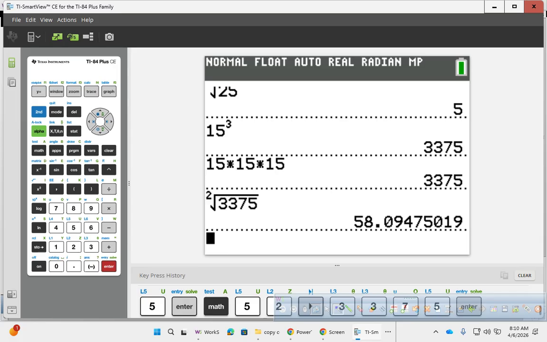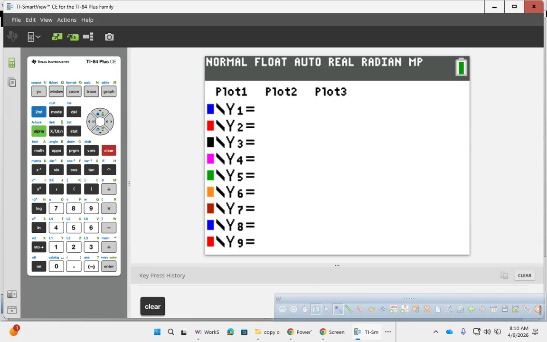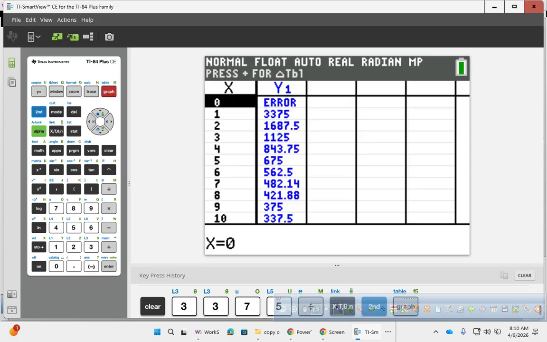So from here, I'm going to go to the y equals screen. And what I'm looking for is a perfect square. 4, 9, 16, 25, 36, 49, 64, and so on. None of the ones on my list are even on this screen yet. So I'm going to go down.